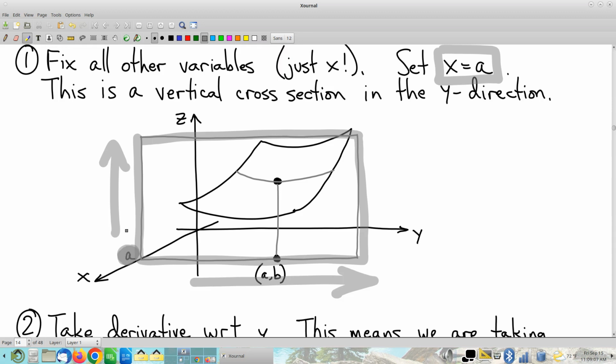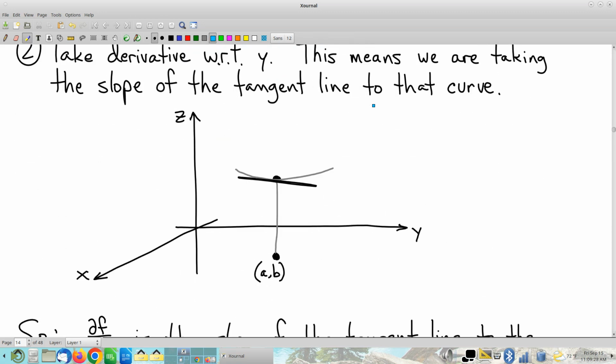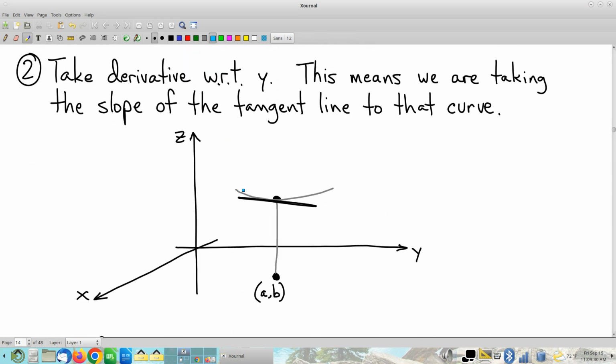And I know what happens to graphs. If I have a graph like this and I take its cross-section in a vertical plane representing a constant value of x, then I get what's called a cross-section. It's just some curve. Next, looking at that curve, this being the graph of my new single variable function, I take the derivative.